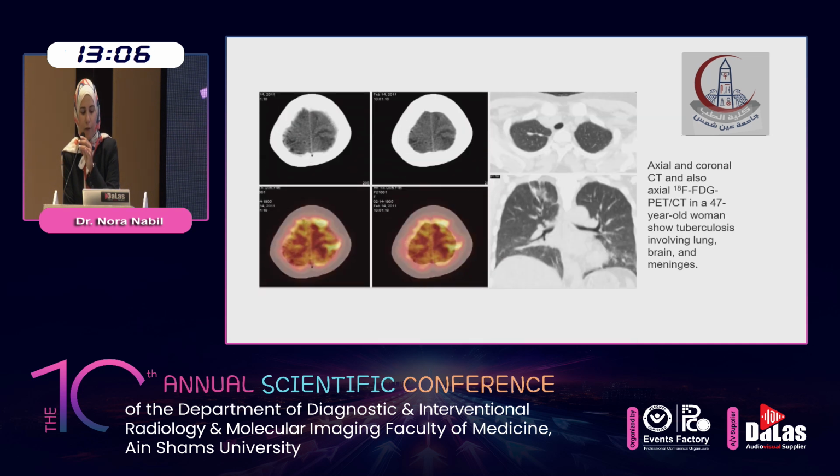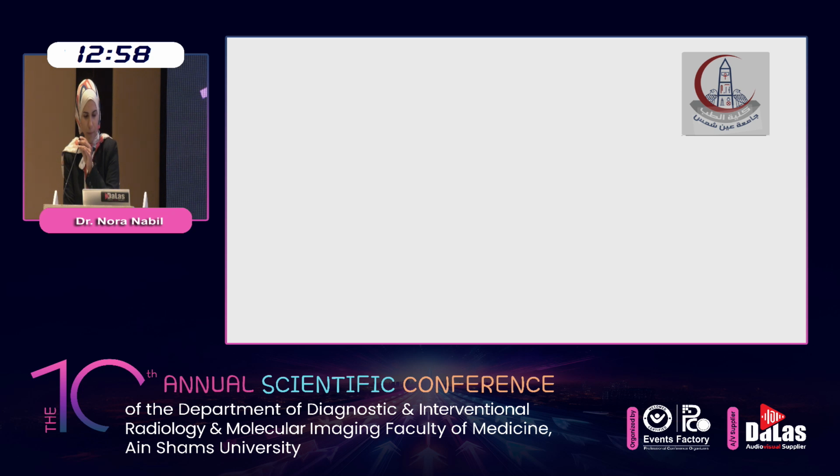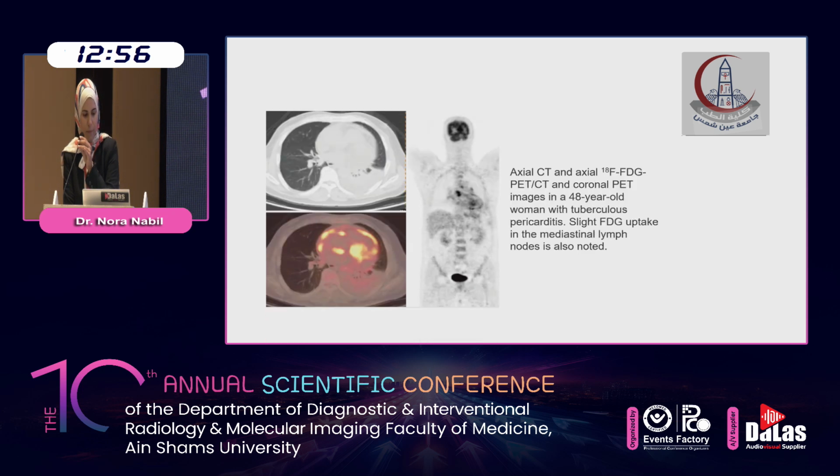Another example of TB in a 47-year-old woman showing tuberculosis involving the lungs and also the brain and the meninges. Axial CT and axial PET image and coronal PET with tuberculous pericarditis, we can see slight FDG uptake in the pericardium and also the parahilar lymph nodes.